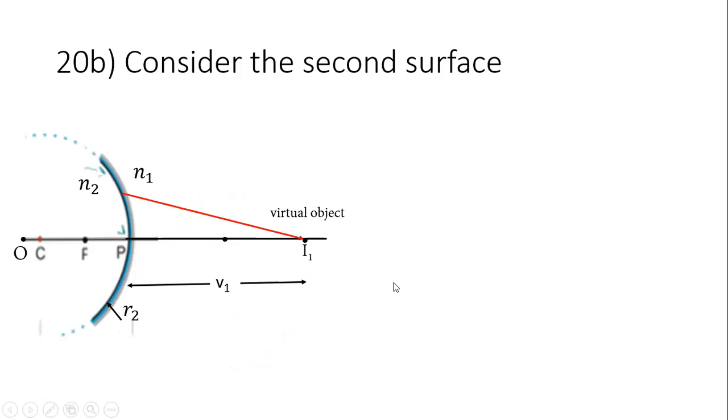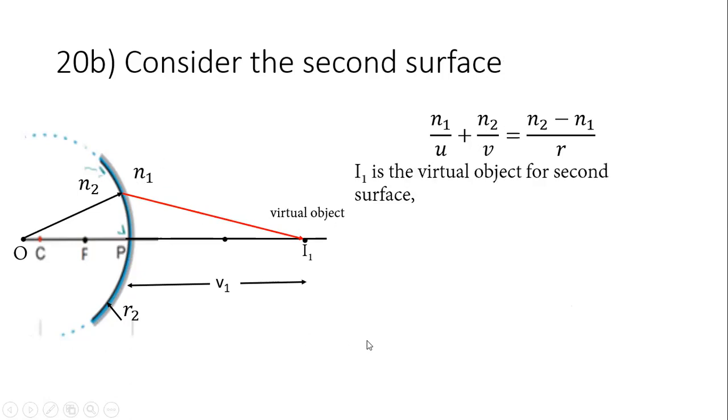Then we look at the second surface. Remember, that's the second surface. That's your object. Same, we are using the same formula, but we need to know how to interpret. This is your N2, this is your N1. This is I1. I1 is a virtual object for the second surface.